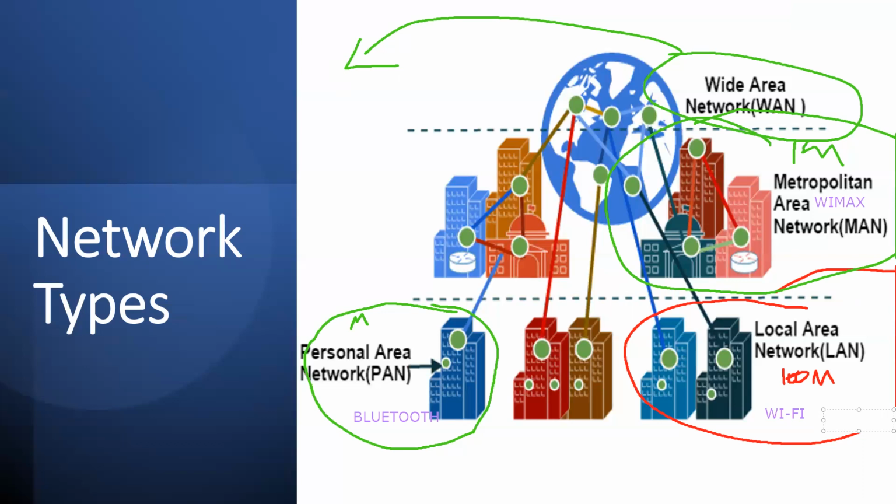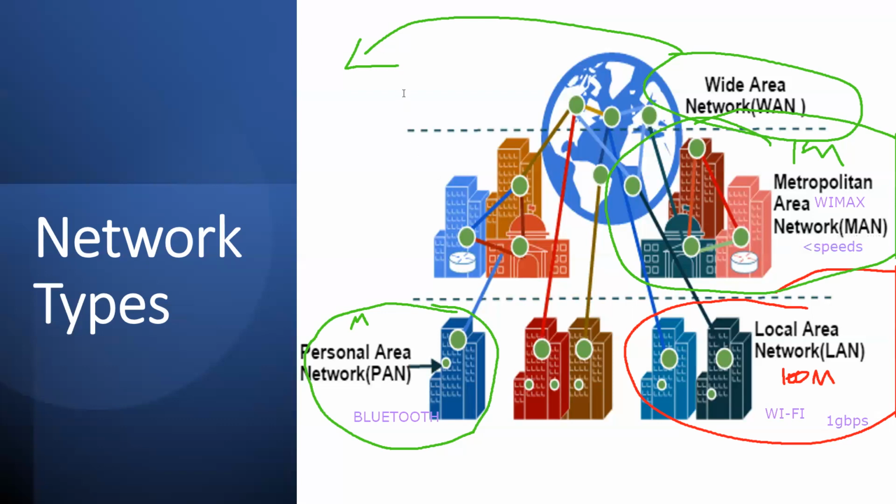For example, in the local area network, if you use cabling, you can have 1 gigabit Ethernet, not in Wi-Fi, but if you use cable, you can have 1 Gbps. The speed of the connection is very big and fast. In metropolitan, you can have 1 giga, it's the same, but most of the time you have a smaller speed.